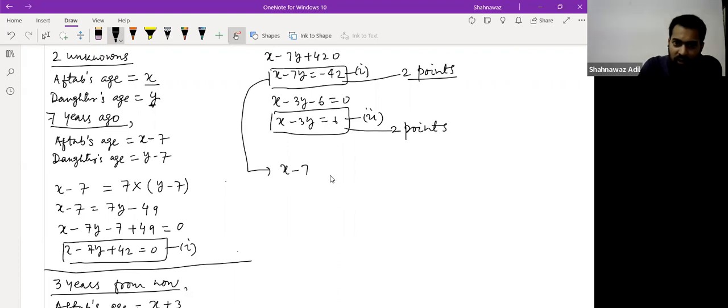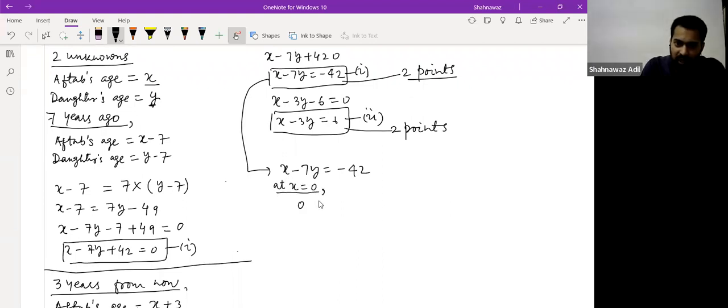What I do usually is that I first take x equals 0 and then I take y equals 0. So that will be 2 points, right? So let us take x equals 0. At x equals 0, this part is 0.